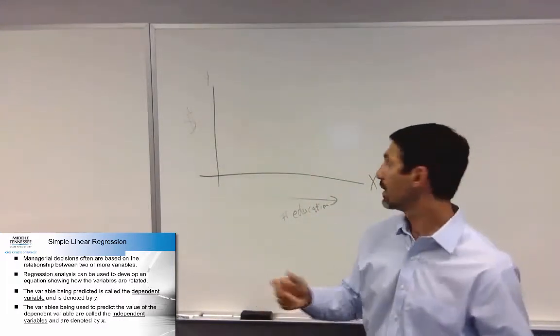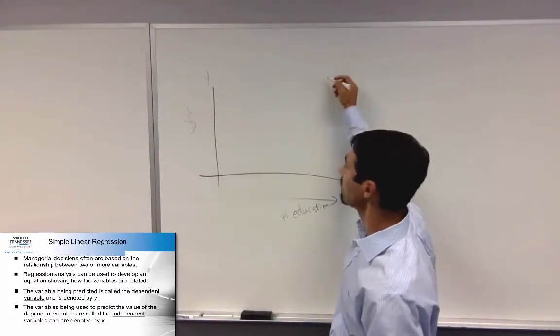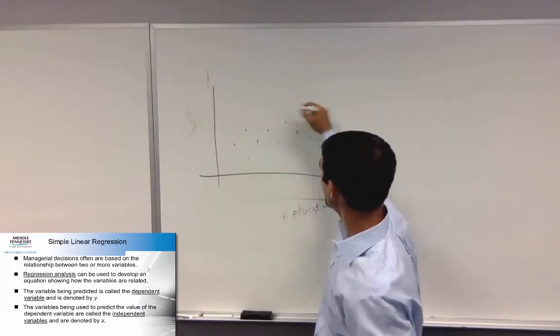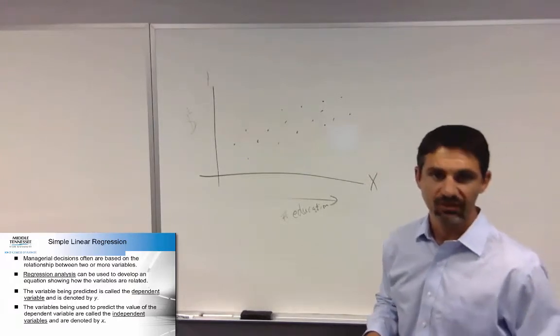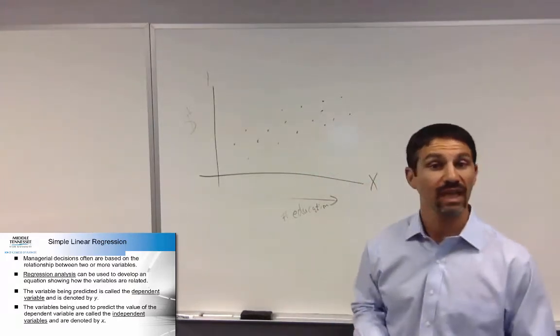And so what we hope is that the more years of education means the more money. So if we were to put all those on a scatter diagram, similar to something you did back in the first couple of chapters of this class, does that show some type of relationship?